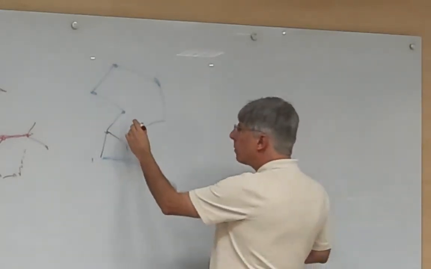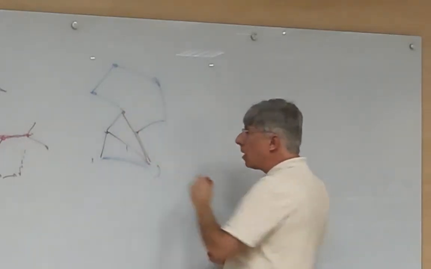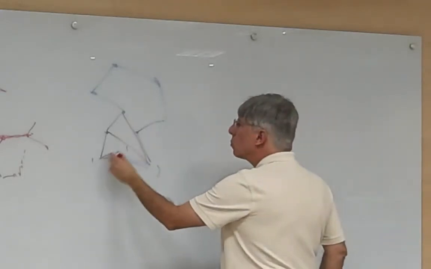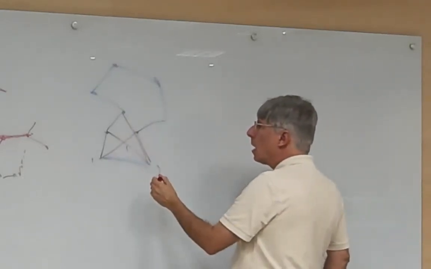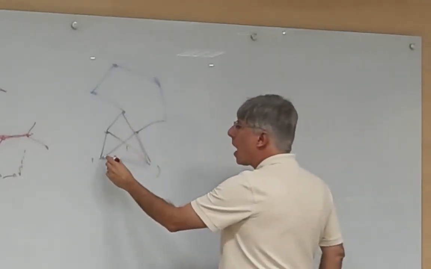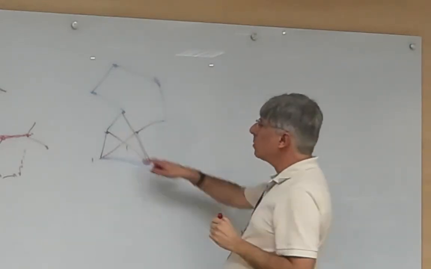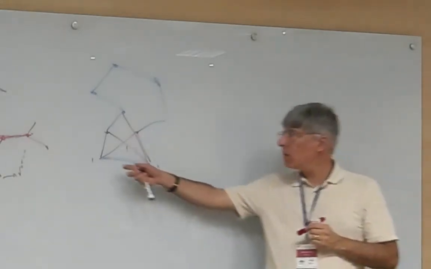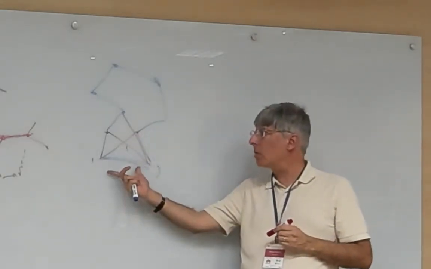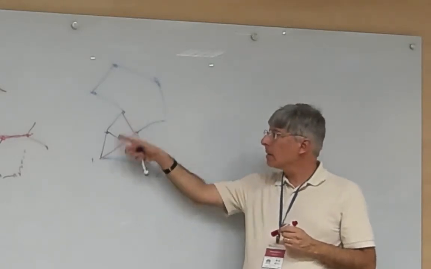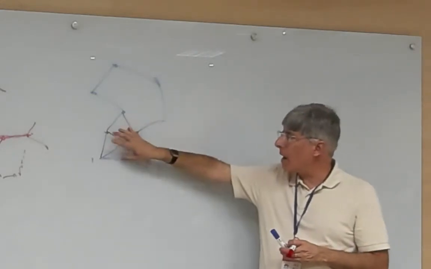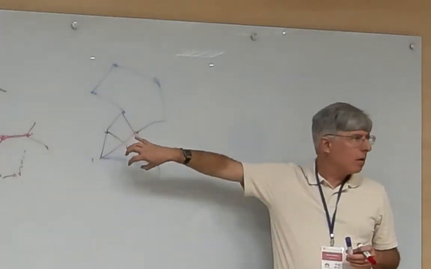I could have, let's say, added that one. I could have added this one. I couldn't have added this one. So I think these are the only three chords that, if I have to use this, as I add this piece, adding these chords would leave a convex piece down here, right?